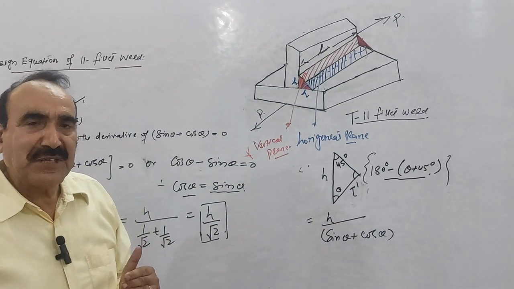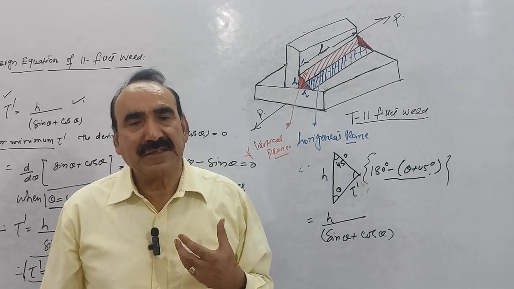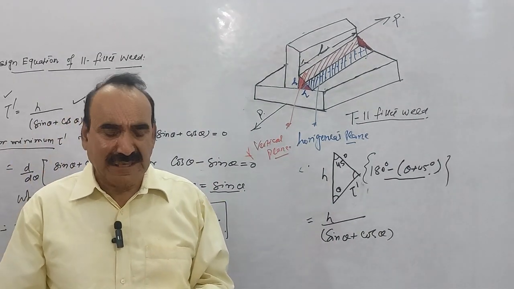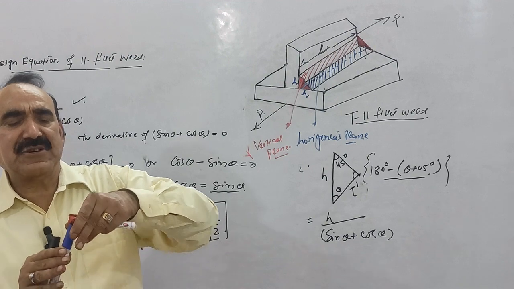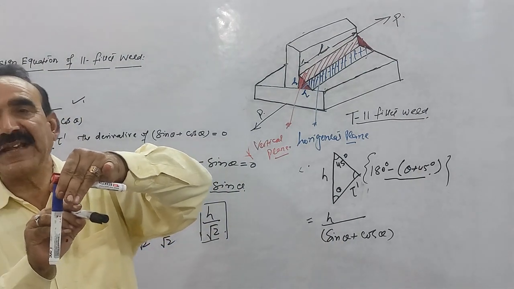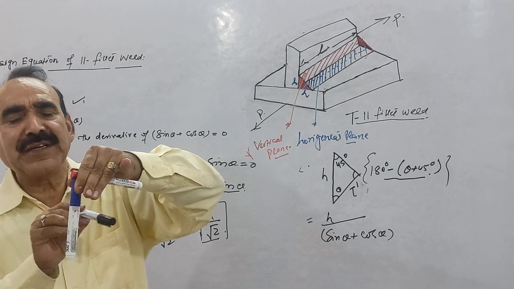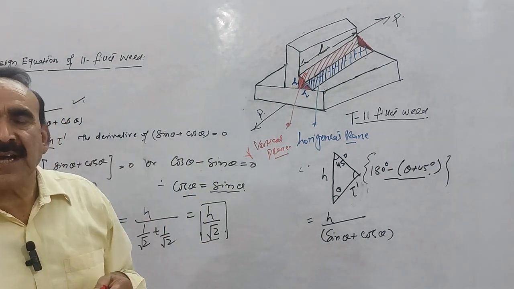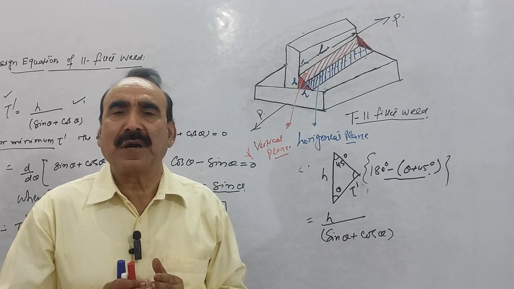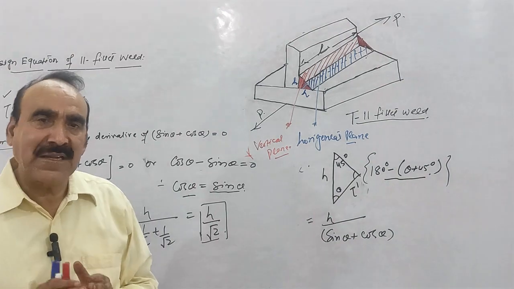If we draw planes at different angles between horizontal and vertical, we will get an infinite number of planes there. But practically, if you see, it is like this: this is your horizontal and this is your vertical, and the force is passing like this, right? So this force is parallel to the vertical plane, and also parallel to the horizontal plane. And this force is also parallel to all the infinite planes in between the horizontal and vertical plane.